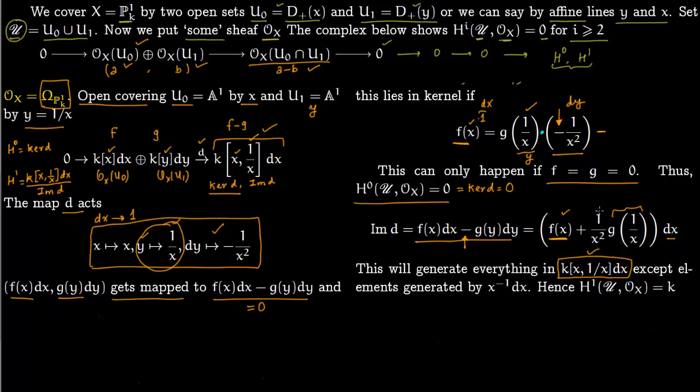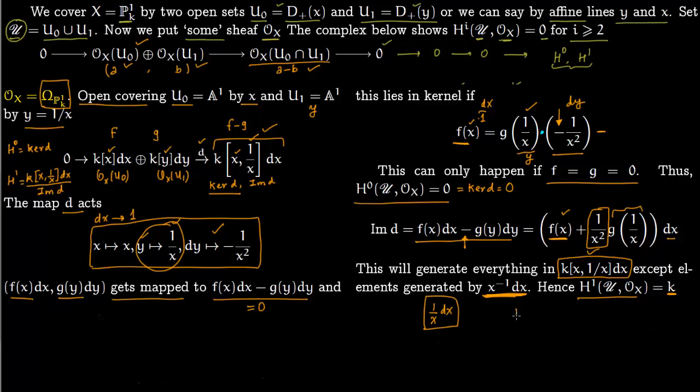The only problem is that you are dividing this by x square. So since you are dividing this by x square, you cannot generate polynomials like this, 1 by x dx. So if this x square was not there, then g(1 by x), which is say just 1 by x, would have generated this polynomial, but you're dividing by x square, so you're skipping these, and so these are the ones which precisely correspond to k.